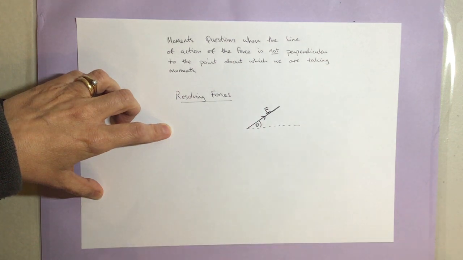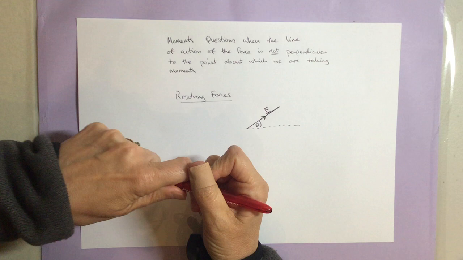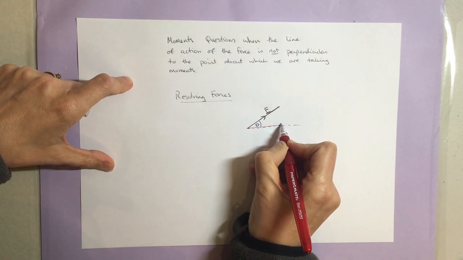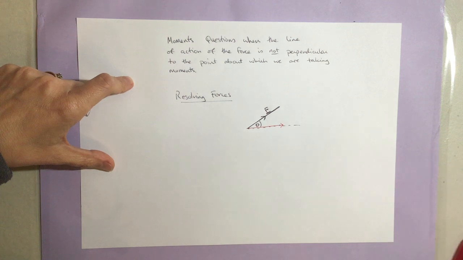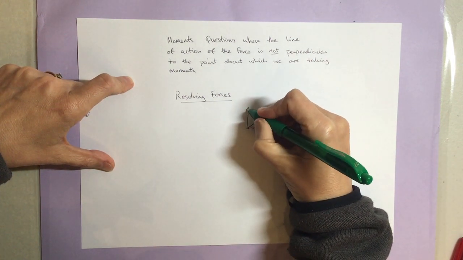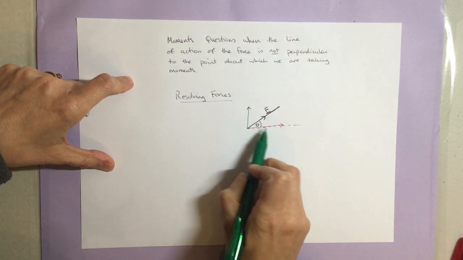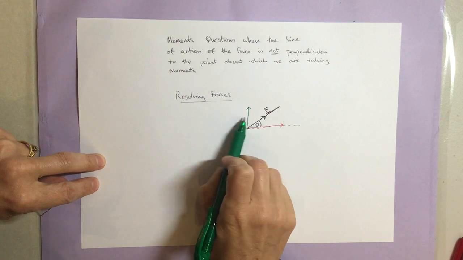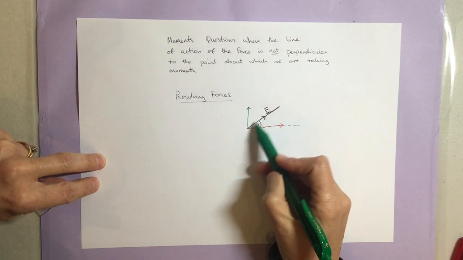Now what I can do, I can replace that force with its components horizontally here and vertically here, where the overall action of these two forces, and we have seen this before in class, the red and the green together, would result in this.